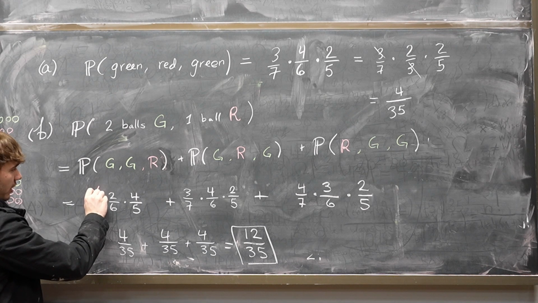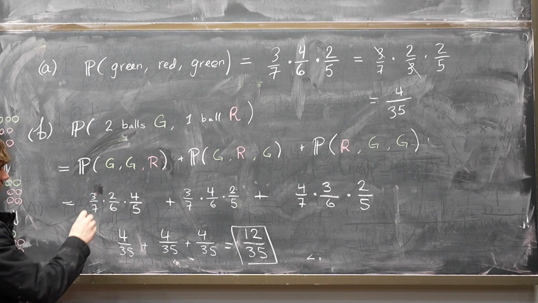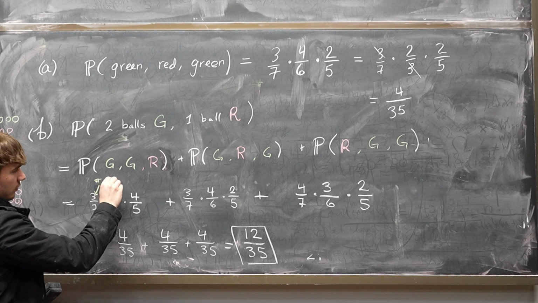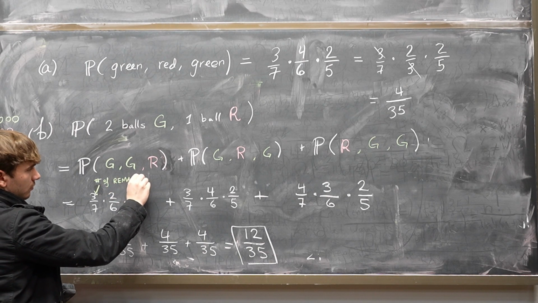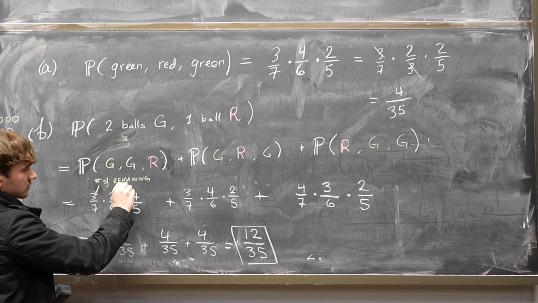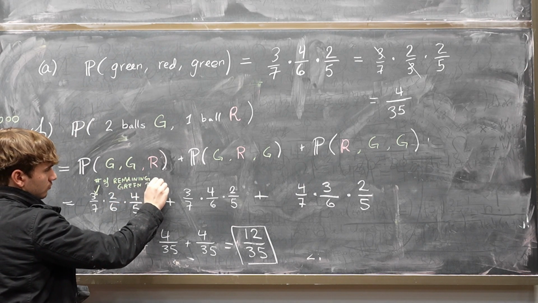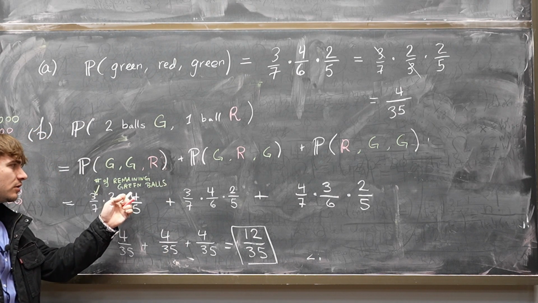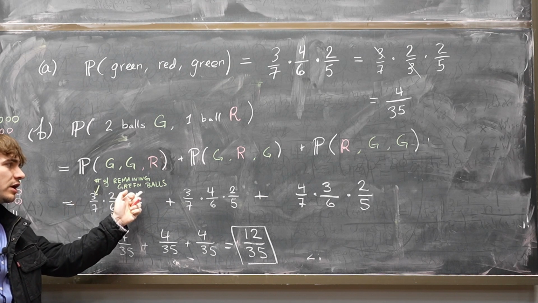This number in the numerator, I should color it green. This number is the number of remaining green balls. Okay? So this numerator only cares about the amount of remaining green balls.